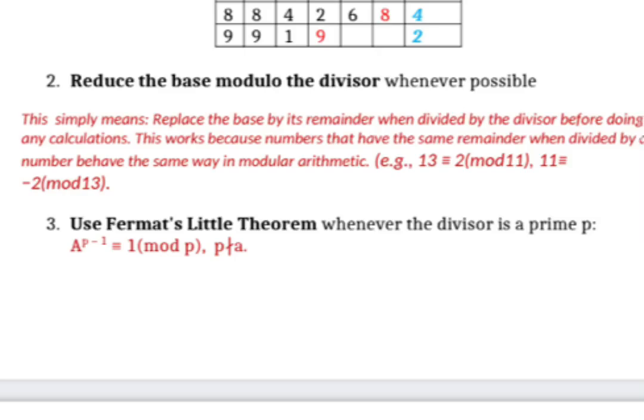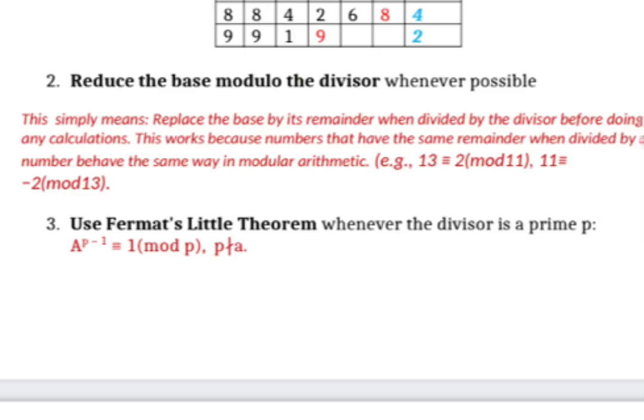Look at what I mean. 13 is equivalent to 2 modulo 11, which means both 13 and 2 in modulo 11 behave the same. So instead of working with 13 modulo 11, I'll work with 2 modulo 11, which is a simpler, smaller number to handle. Let's go ahead.